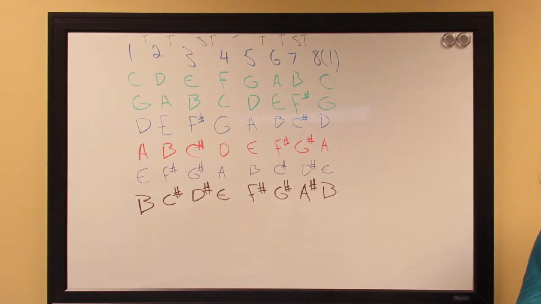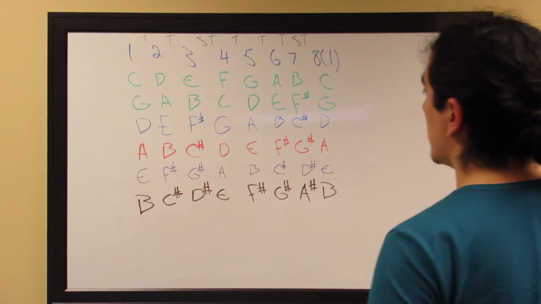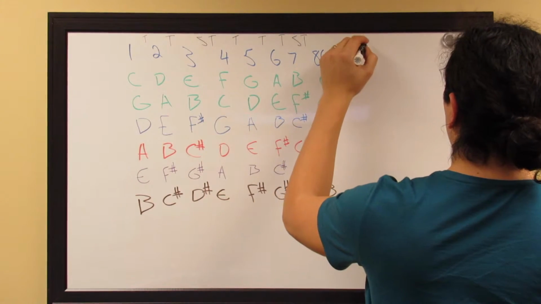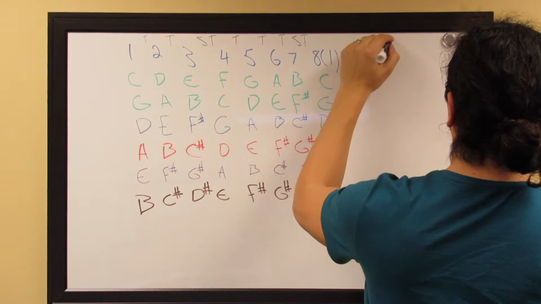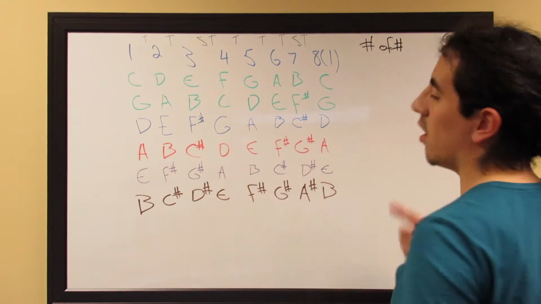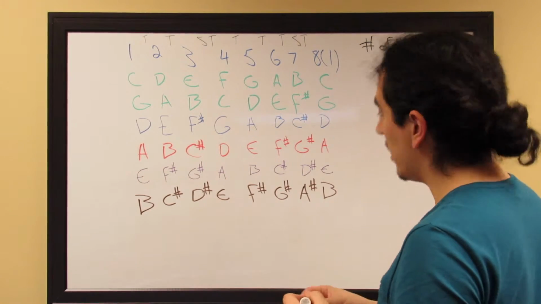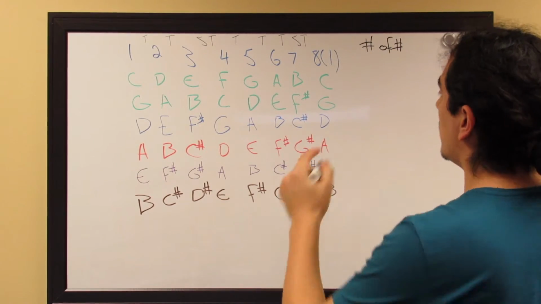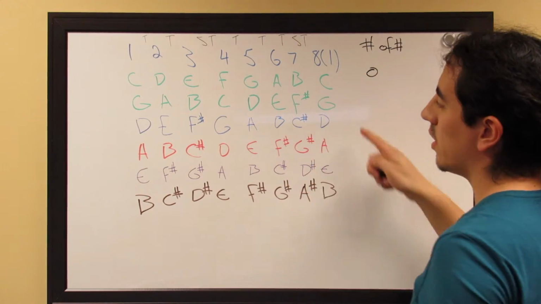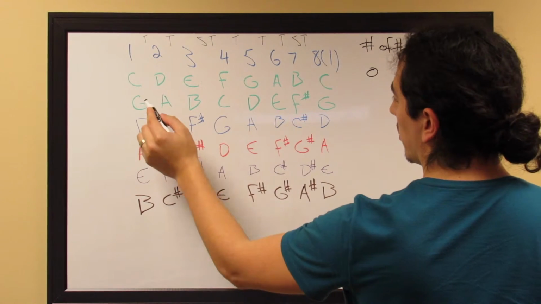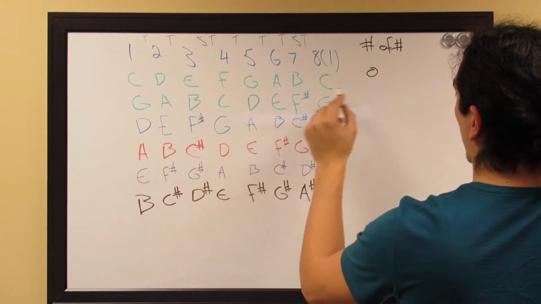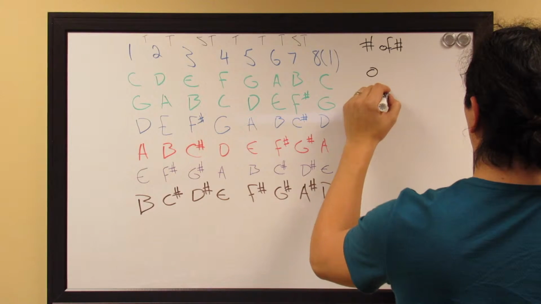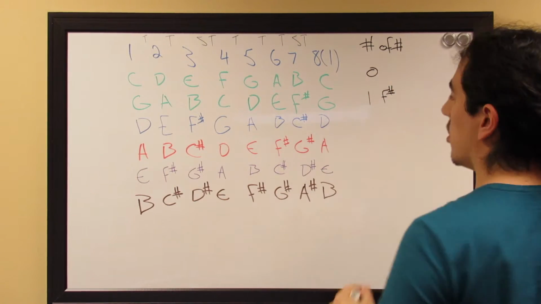So, order of the sharps. Let's talk first about the key of C. How many sharps in the key of C? None. It's not hashtag of hashtags, it's the number of sharps. So the key of C has 0. The key of G, if we go through it, G, A, B, C, D, E, F sharp, it's got 1, F sharp.